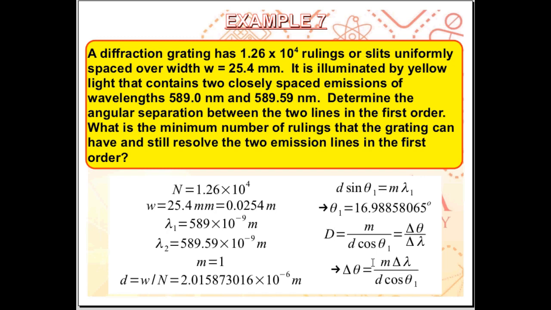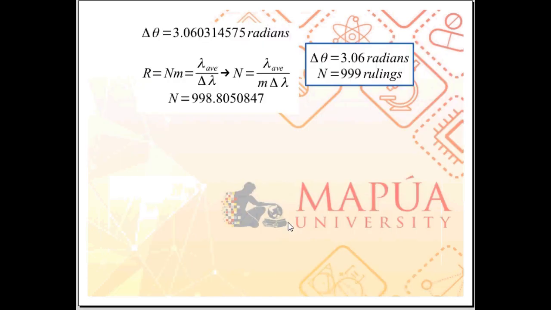We know theta 1, and we are easily able to get delta lambda from lambda 1 and lambda 2, and then the slit-to-slit distance d. The equation is complete. We are able to calculate delta theta, 3.060314575 radians.